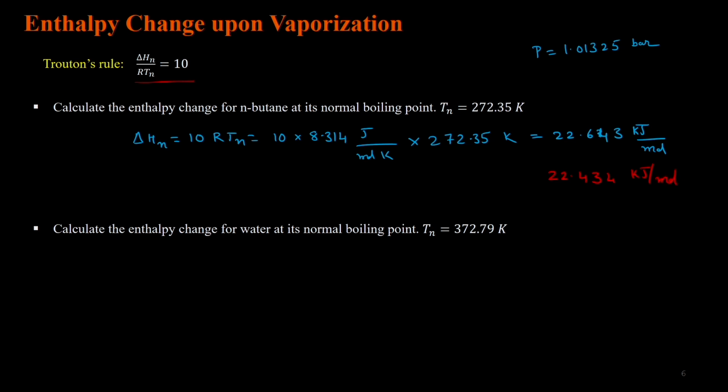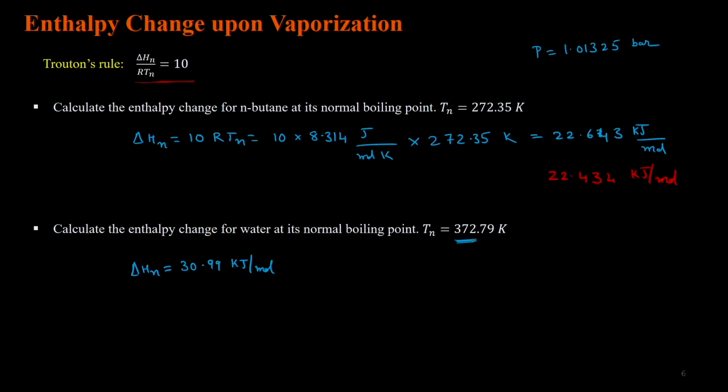However, if you take another example, as in this case for water, what we get using Troughton's rule is a delta Hn of 30.99 kilojoules per mole. For water, the normal boiling point is this.